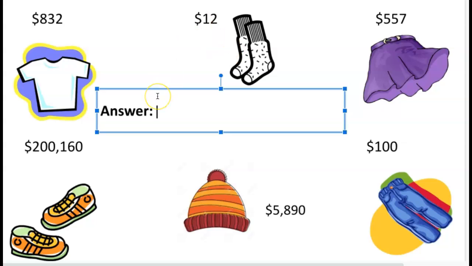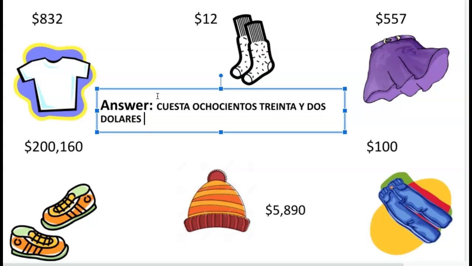Too big of an answer. Cuesta 832 dólares. It's going to give me a hard time about that accent. There should be an accent on the O in dólares. But cuesta, because it is a singular item.